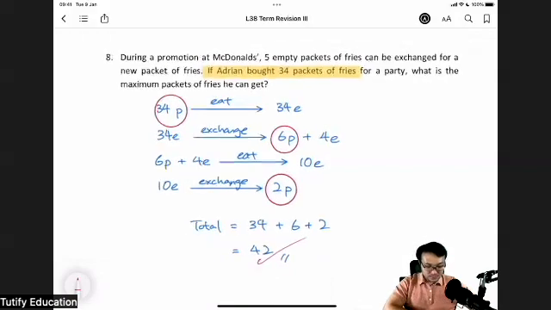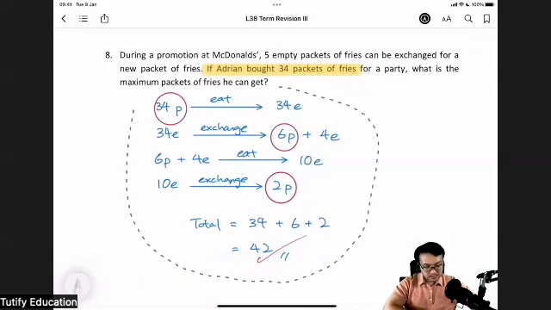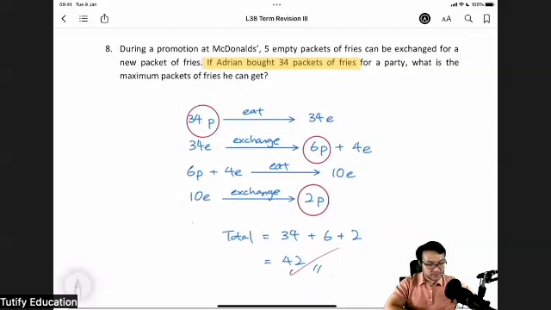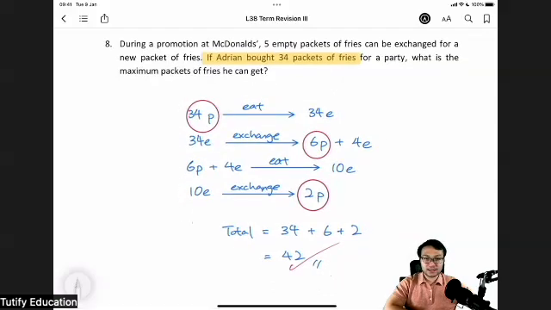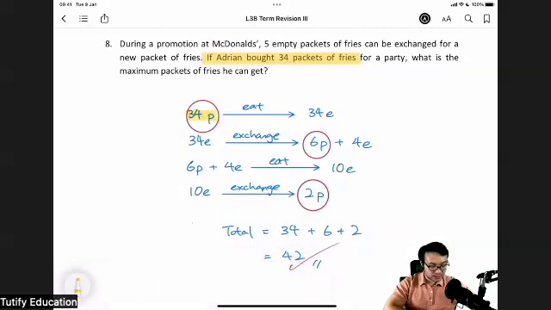Of course, this question is not difficult, but why did you get the wrong answer? It's all about organizing your information. If you write it down neatly, step by step, you will not miss out. So students, you see, they only care about the new packets. How many new packets are you going to get altogether? You start off with 34 new packets.